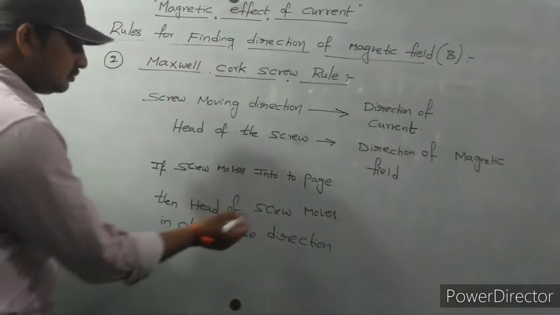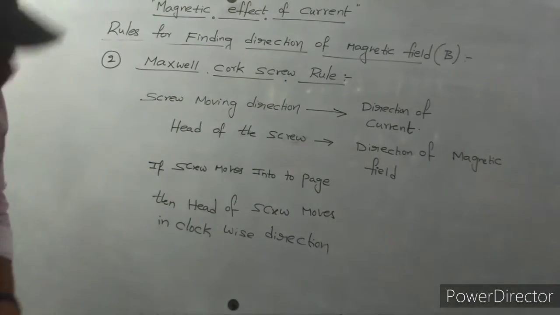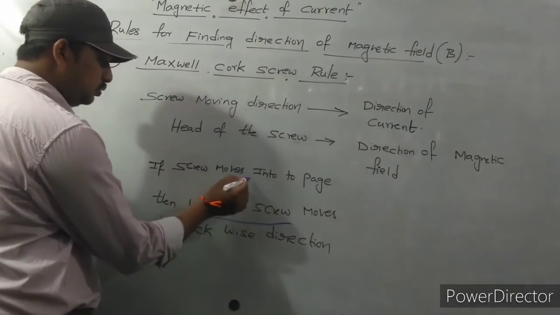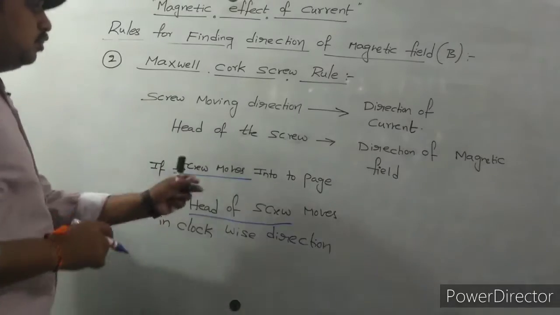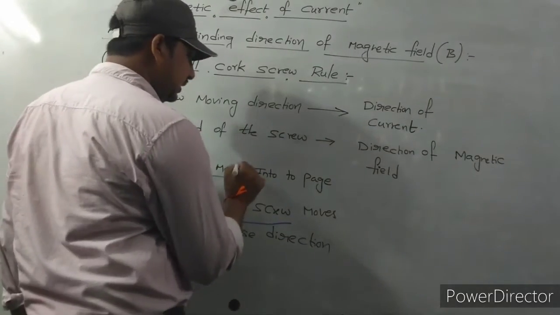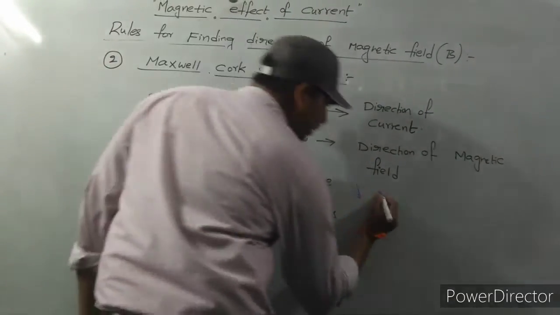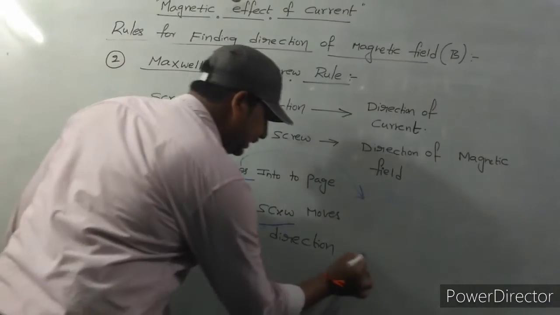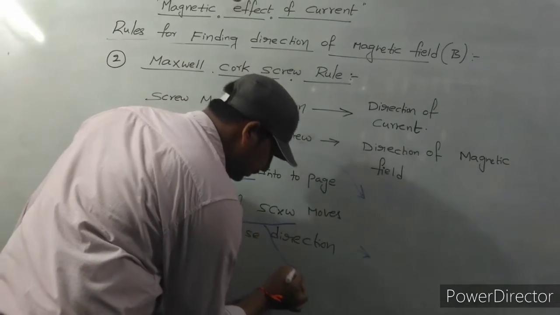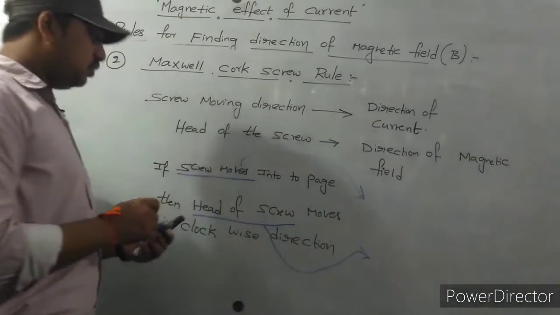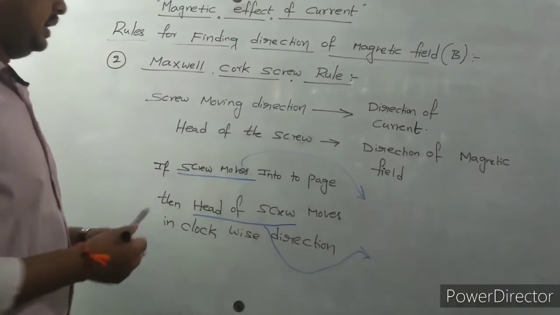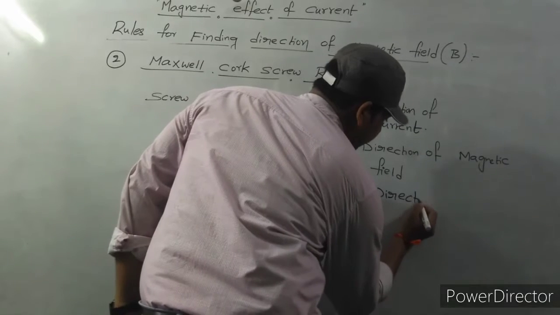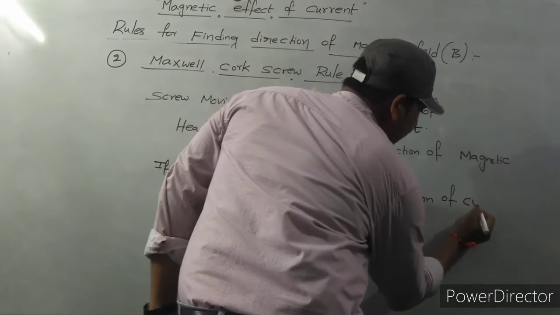So here, the head of the screw and the screw moving direction. The screw moving direction indicates the direction of current.